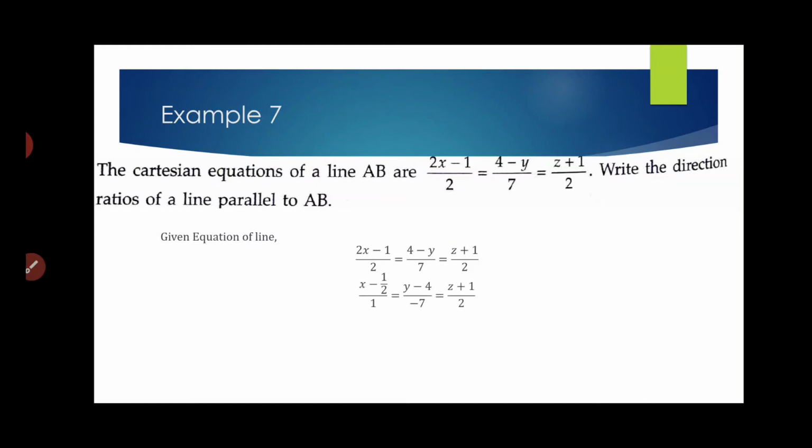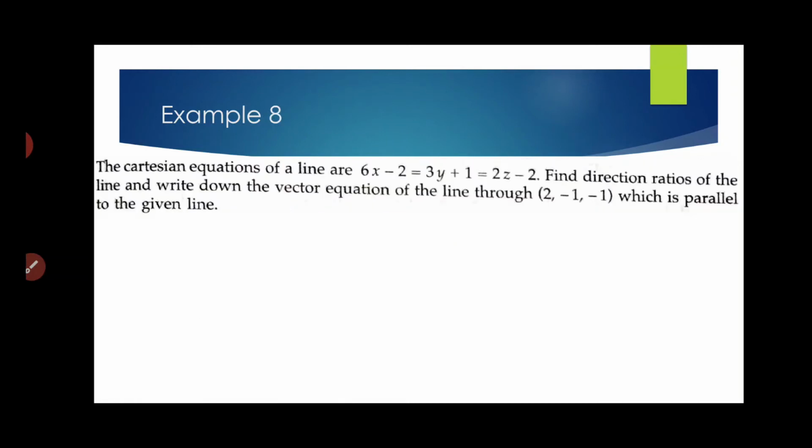And 4 minus y, if I just do the sign change, then it becomes y minus 4. And for that reason, 7 becomes minus 7. So now this equation is in standard form, and hence the direction ratios are 1, minus 7, and 2. Right?